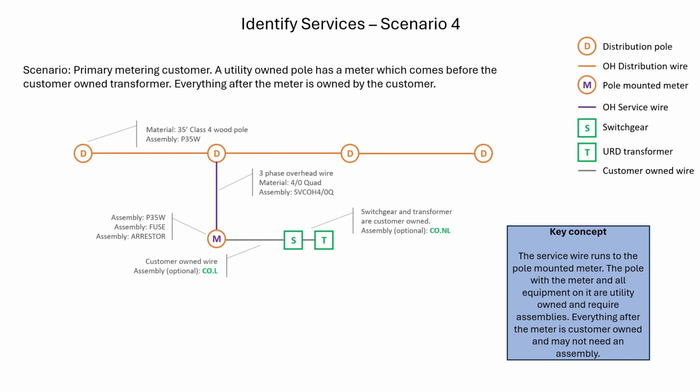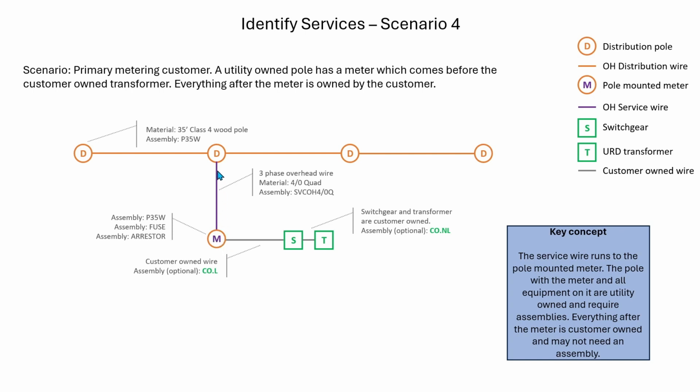So it's important to note that everything after the meter is owned by the customer. So let's look at how the power is being fed to the customer. We have overhead three-phase power coming in to this distribution pole here, and it splits off with 4-aught quad three-phase wire going to a utility-owned pole with the customer's meter.